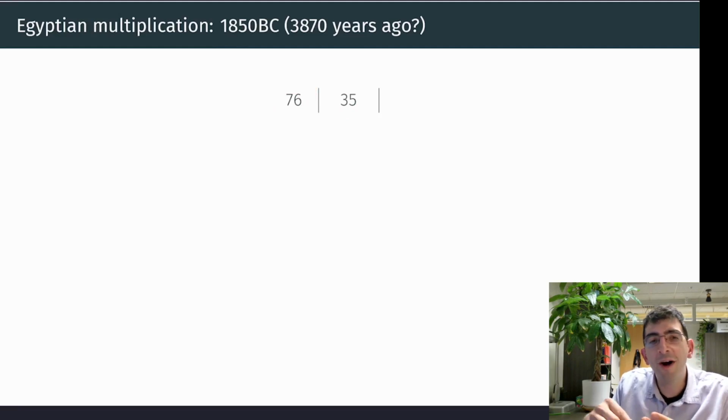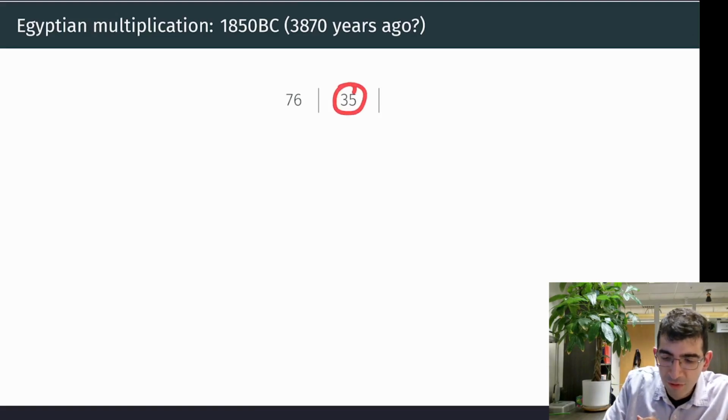Instead, they wanted to reduce the multiplication into something simpler. Namely, they wanted to reduce multiplication of two largish numbers into the multiplication of two smaller numbers, or a multiplication of twos. So the first thing the ancient Egyptians did was try to make one of the operands, or both of the operands, even.